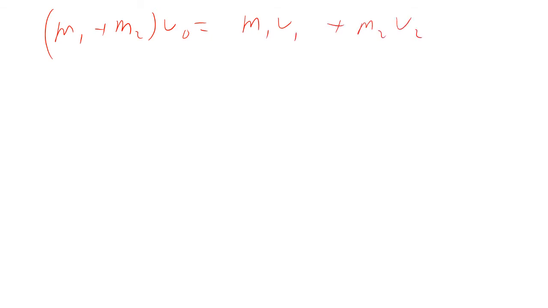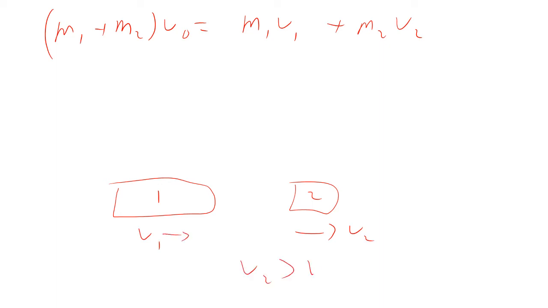The problem is we don't know either V1 or V2. But we do know that as this thing separates, V2 is separating from V1, so V2 has to be bigger than V1.